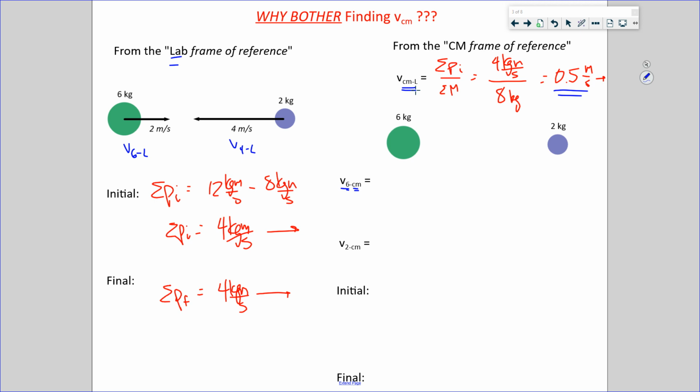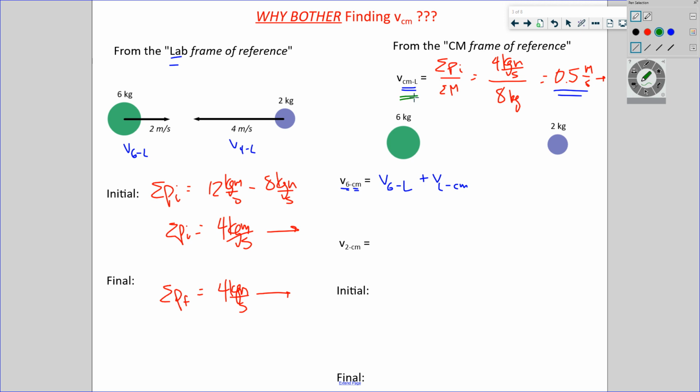So V6 relative to the center of mass. Typically we do this: that's V6 relative to something plus V something relative to the center of mass. Well, we can do lab and lab as our common frame of reference. Okay? Well, look, I have this.